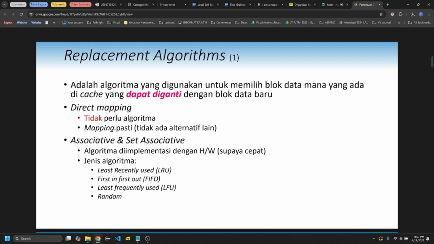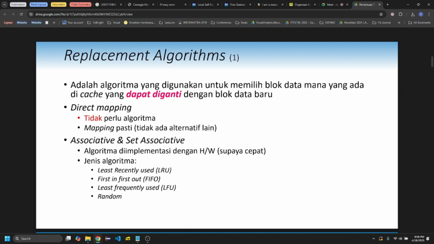If we find the data in a certain memory address location, then its case location is fixed. We cannot put that data into any other block in the case. So we don't need any algorithms in this case. However, for associative and set associative, we need some kind of algorithm.